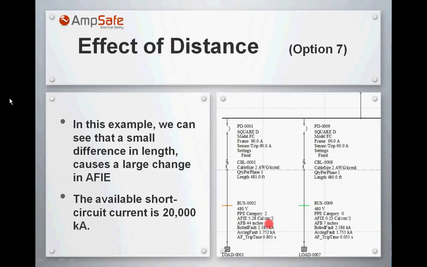So we have to assume that there are going to be circumstances where we have this type of situation, but they're not going to be very often. Why not? Because look at the distances, 481, 480. It's very strange that you're going to have a 90 ampere circuit with a distance of 481 feet to the bus. Normally, at least in an industrial environment, you're going to have these loads very close to the panel.